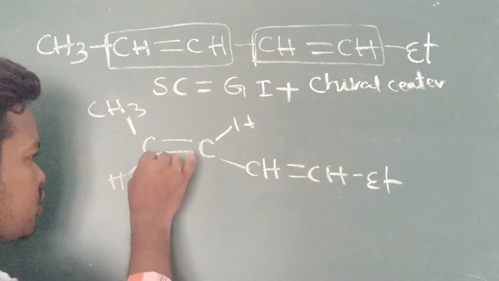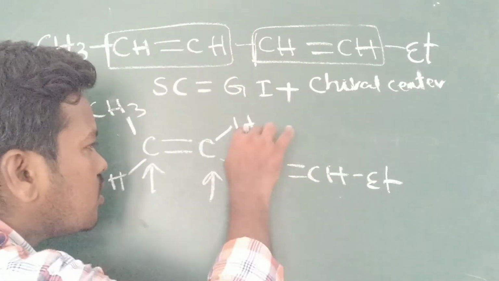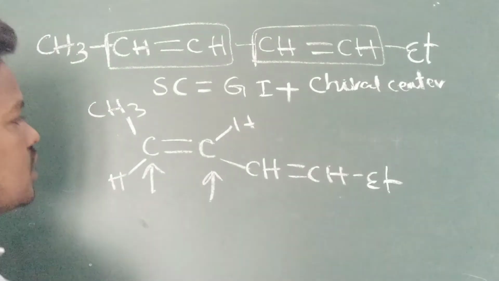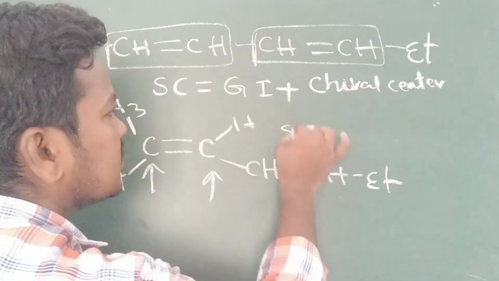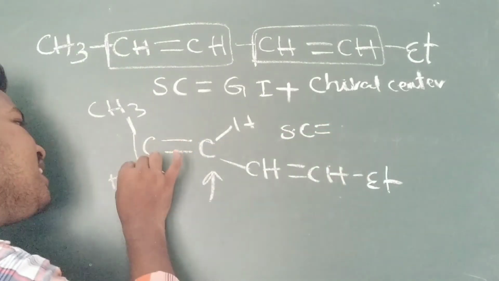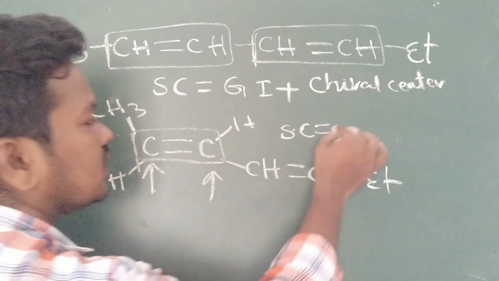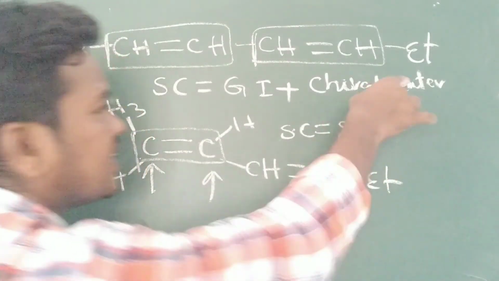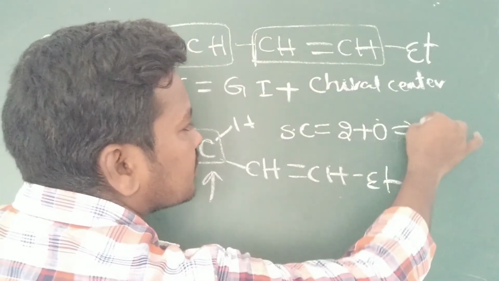This carbon is showing two different groups, and this carbon also is showing two different groups. So it is exhibiting GI, it is exhibiting or not? It is exhibiting GI. So stereo centers are nothing but GI exhibiting. How many atoms are exhibiting GI in the double bonded system? 2 atoms here. 2 plus. Is there any chiral center? No. So here stereo center is 2.